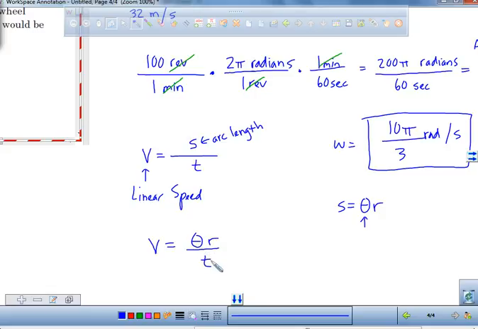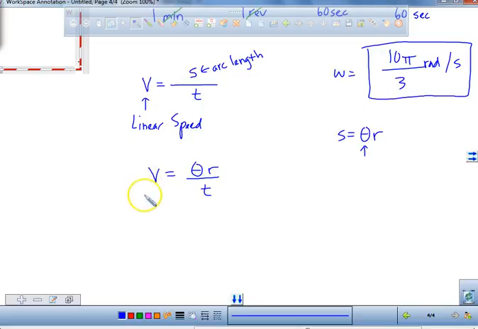Per unit time. So right now, what is our velocity? What did they tell us our velocity was? They said it was equal to 32 meters per second. Did we figure out what theta is traveling per every second? We were able to figure out that it's equal to 10 pi over 3 radians every single second.